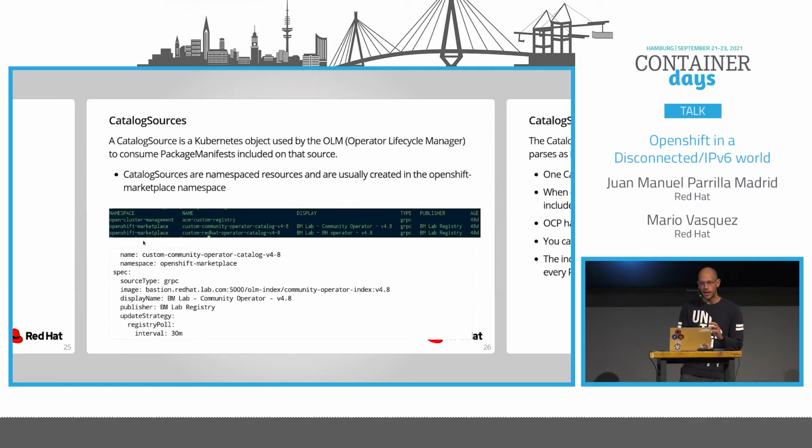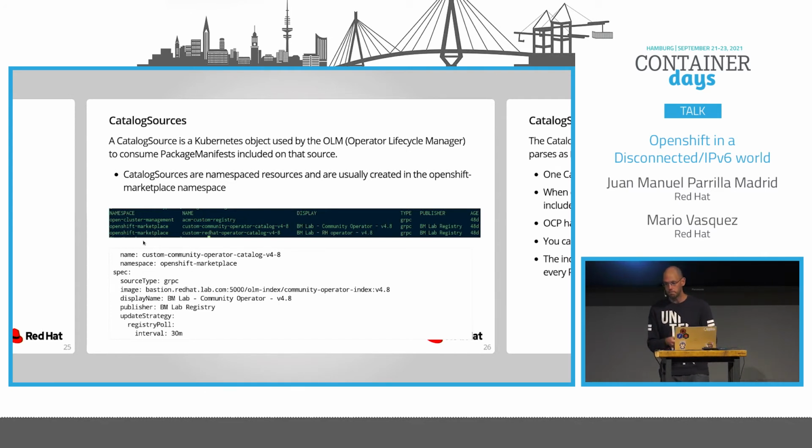And it mostly has a database inside. Well, it's like SQLite, and contains a number of packages, called package manifests, from 1 to n, and you can contain many of them.